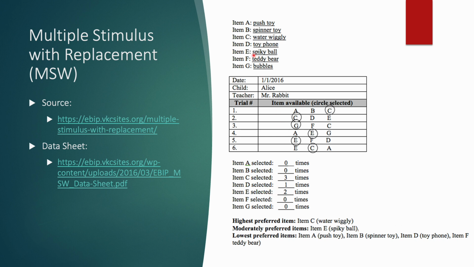Item E, the spiky ball, was selected 2 times, so that would be the moderately preferred item. Item D, the toy phone, was selected 1 time, so that is also a moderately preferred item, or you could put it as low preference. All of the other items that were not selected at all would be considered low preference items.